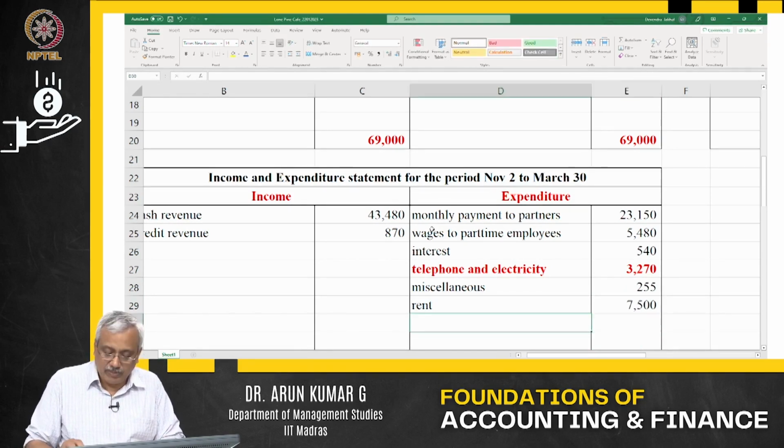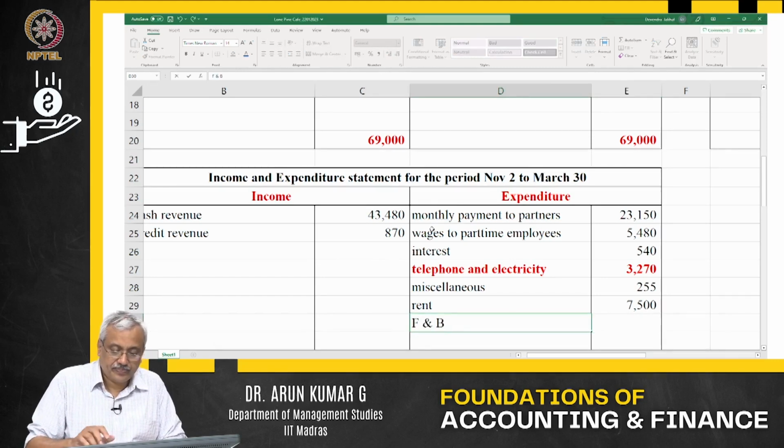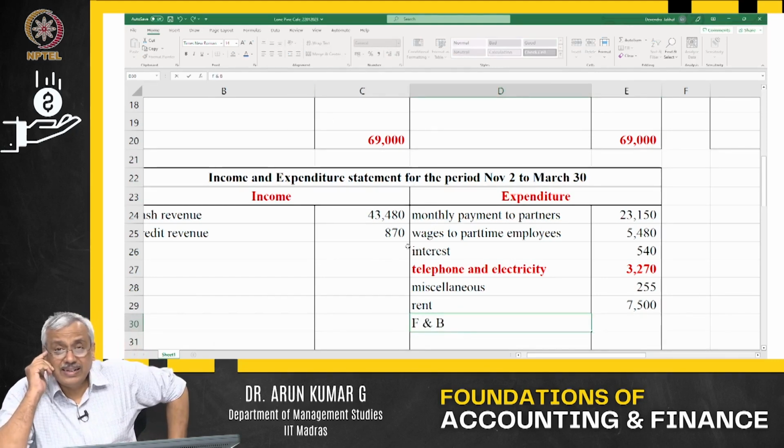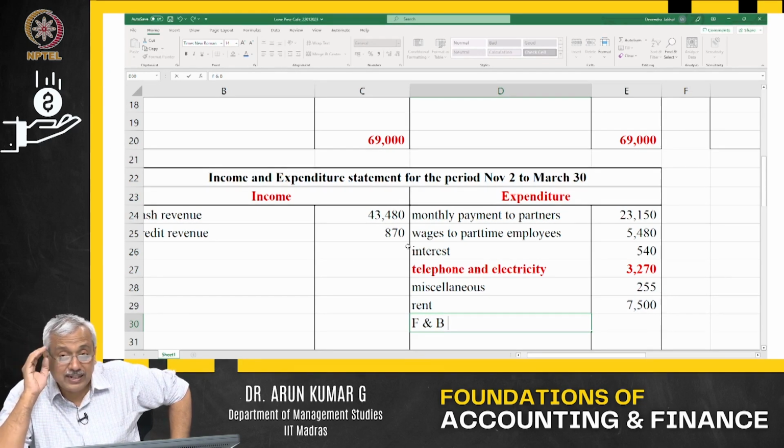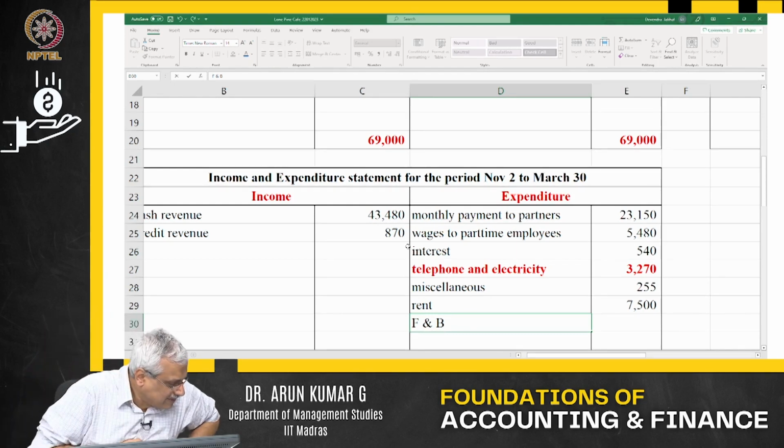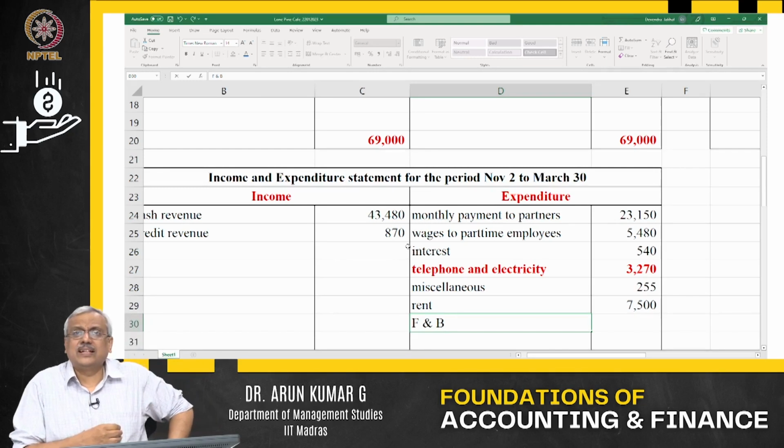Now I will come to food and beverage. When I say F&B, what will the income statement contain? The income statement will contain only such expenditures which have accrued and been incurred for this particular period. Now let us look at food and beverage. It says cash paid 10,116.